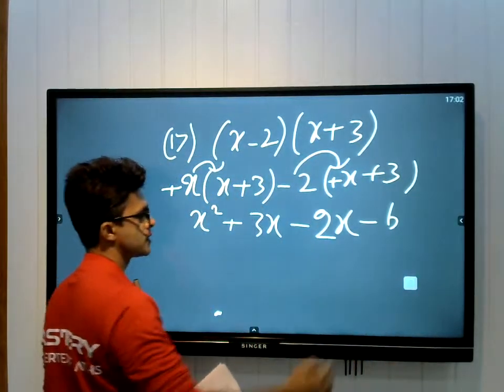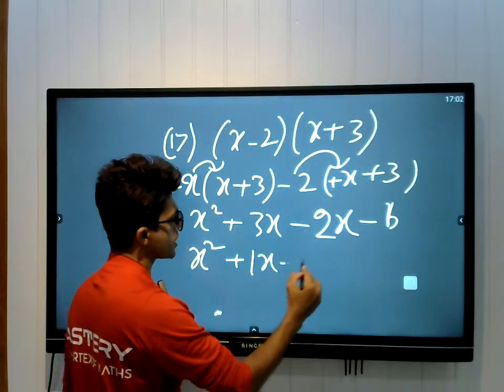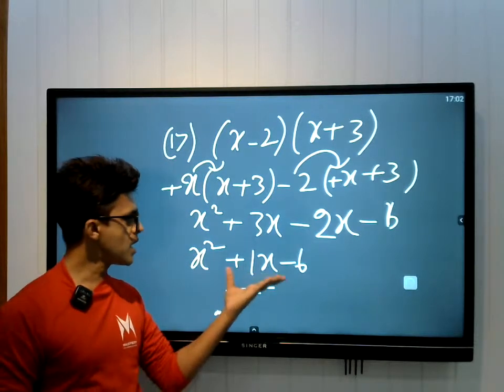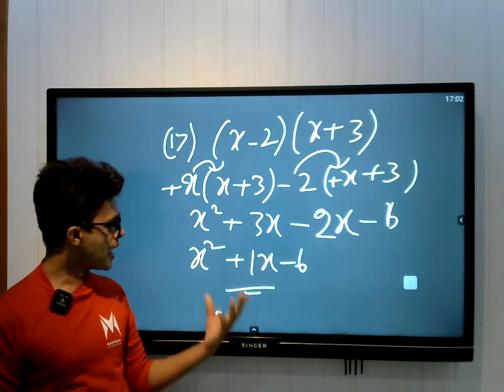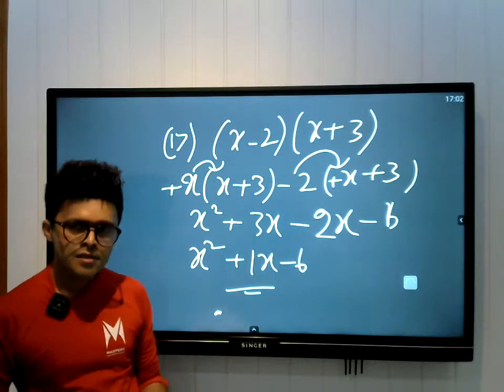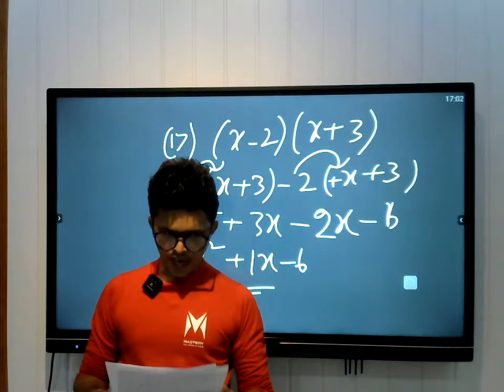Minus 2 times 3 is minus 6. So x squared, 3x minus 2x is 1x, minus 6. These are unlike terms, so they cannot be simplified more. I think you've taken the answer of this one as well. 18th question.